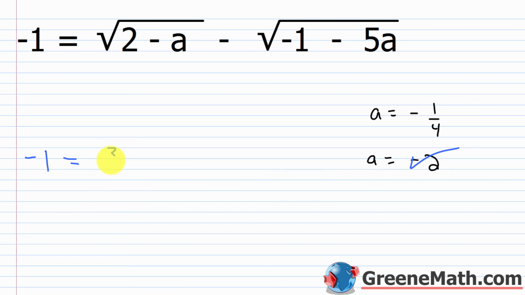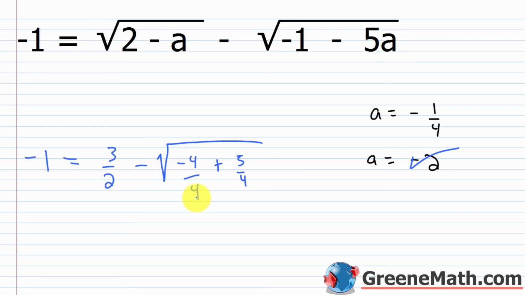Then minus, over here I have the square root of negative 1 minus 5 times negative 1/4. Negative times negative is positive, so this would be positive 5/4. So plus 5/4. To get a common denominator, I would simply write this as negative 4 over 4.